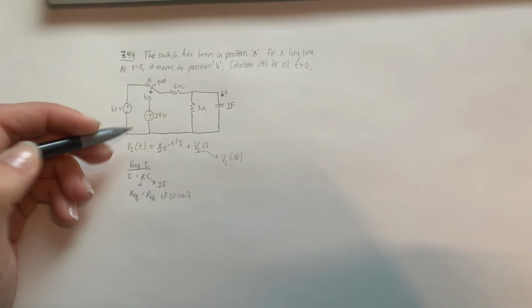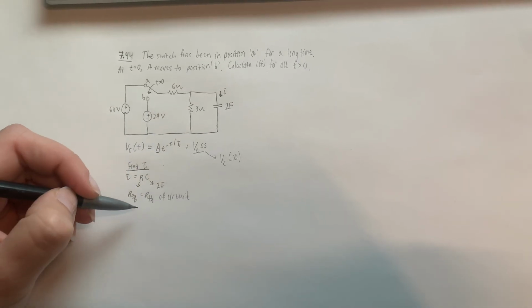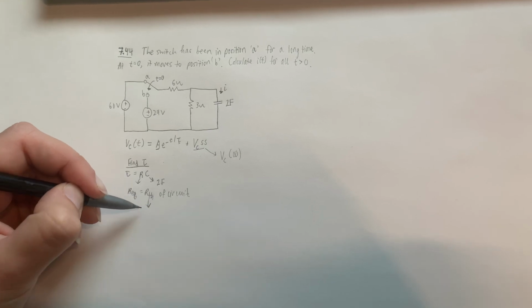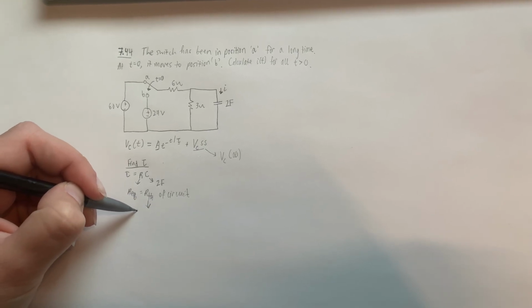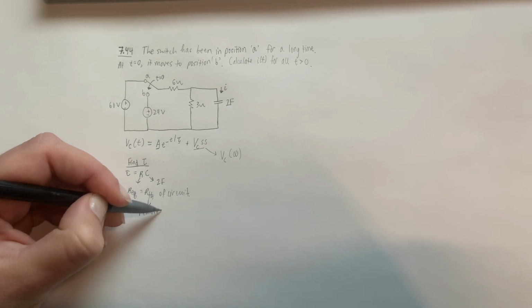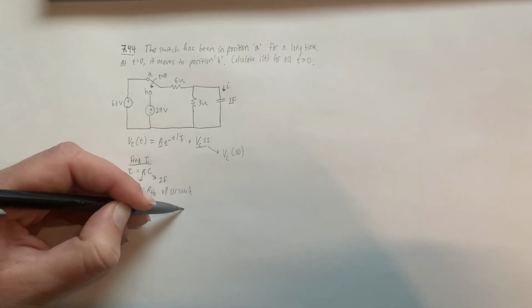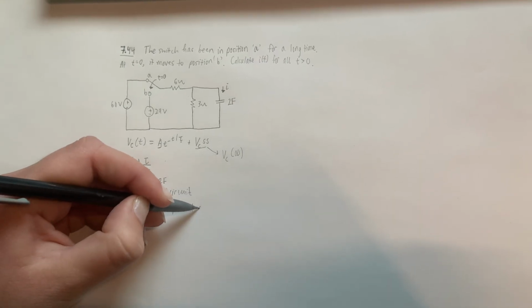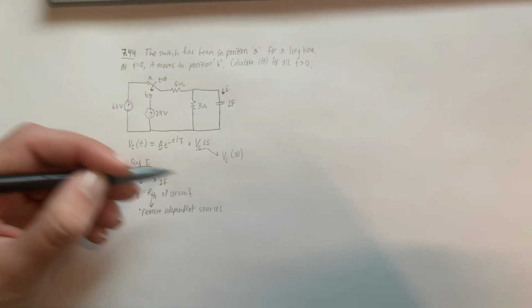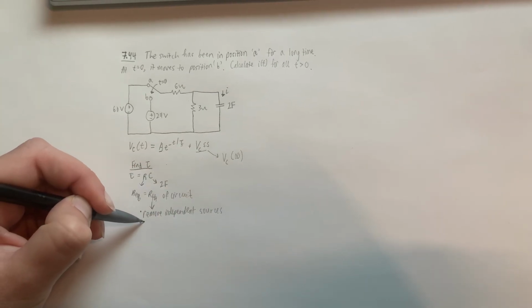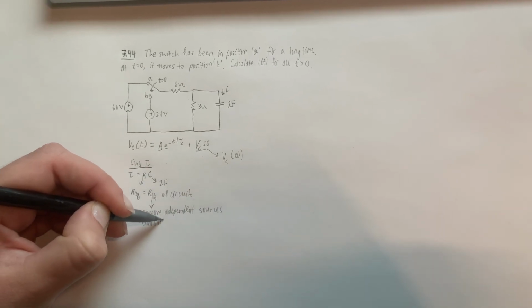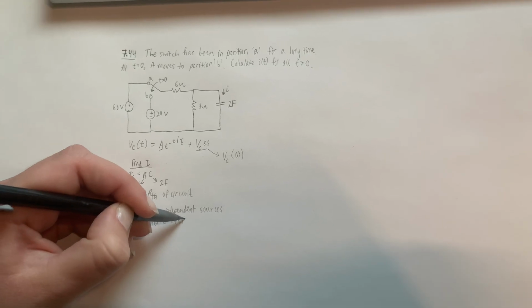How do we find R Thevenin of a circuit with independent sources and resistors? We need to remove independent sources, and then we need to combine resistors.